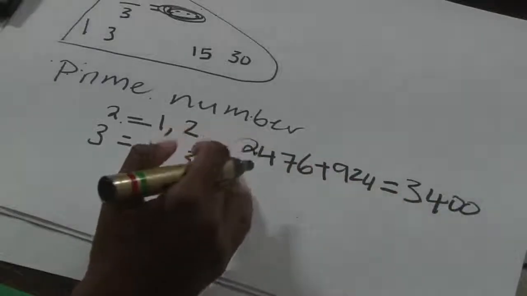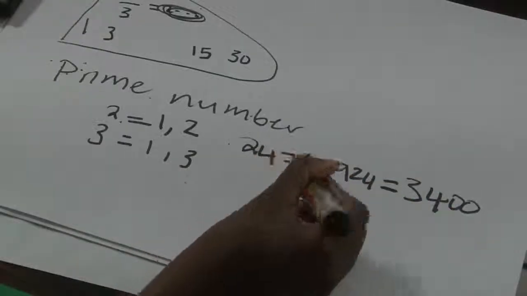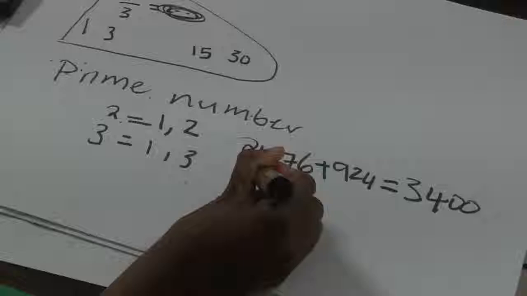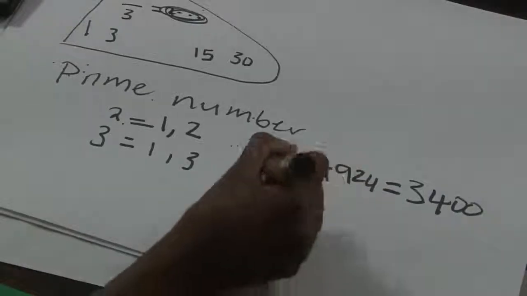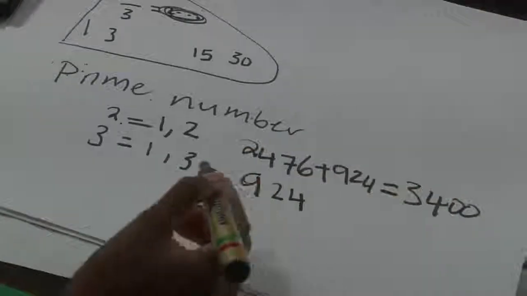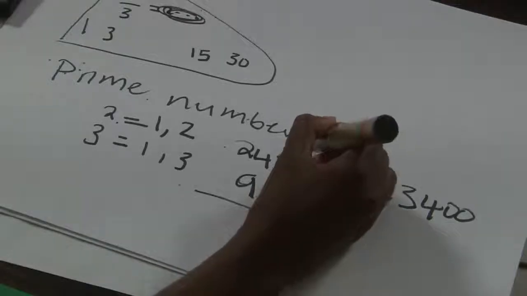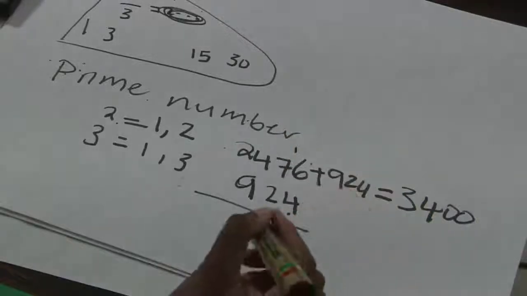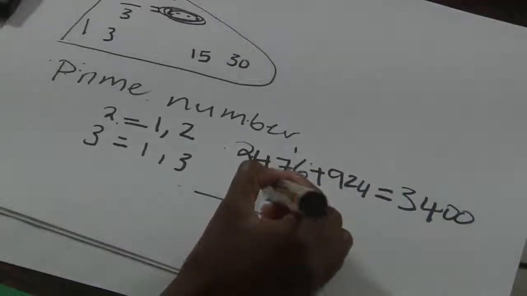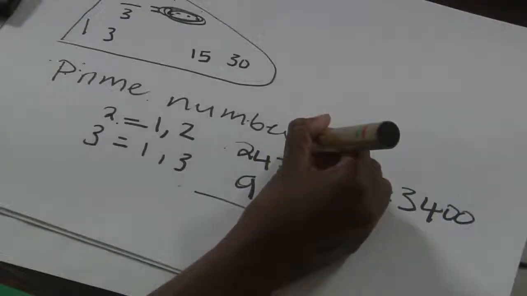So you need to show the tutor that you understand. So it's better you do it the long way so that you can also get the marks for showing how you came across the answer. So 6 plus 4 will give you 10. So you write your 0, your 1 up. Then 7, you add 2 is 9. You add your 1 that is up there.